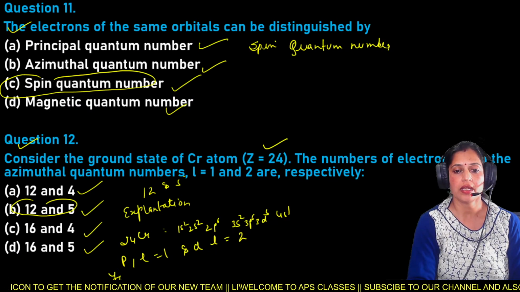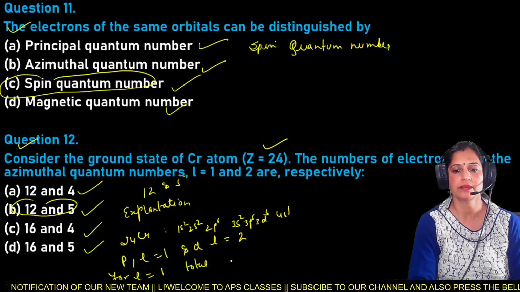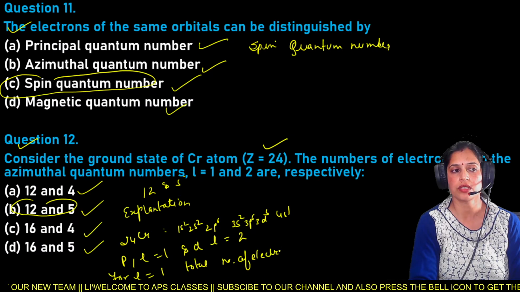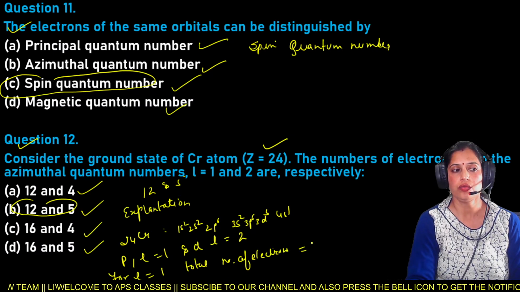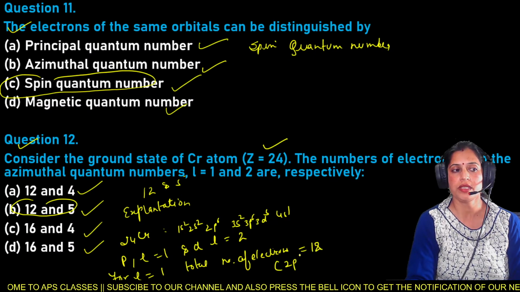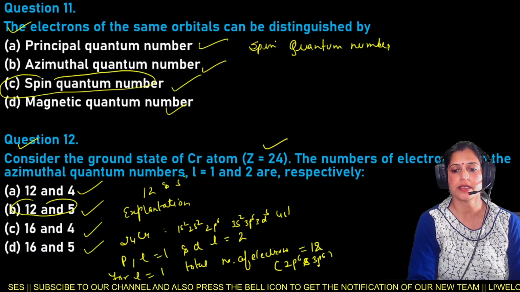So for l equal to 1, the total number of electrons is 12, that is 2p6 and 3p6.